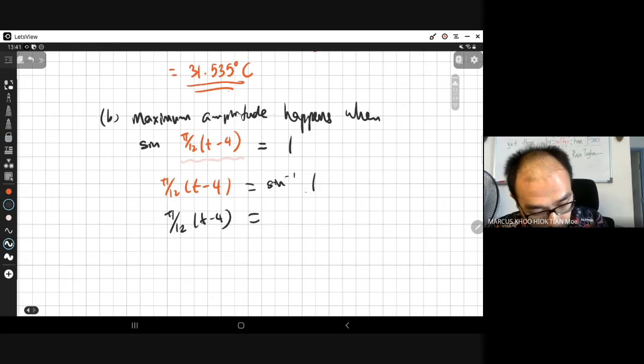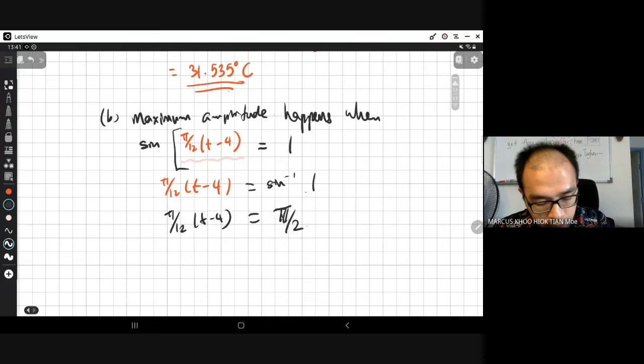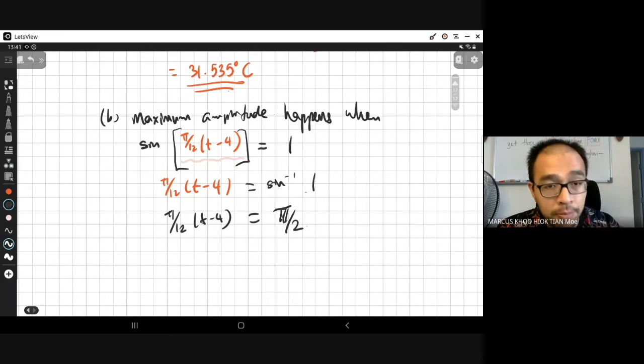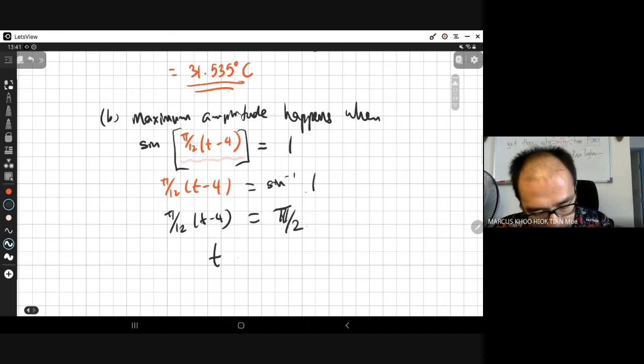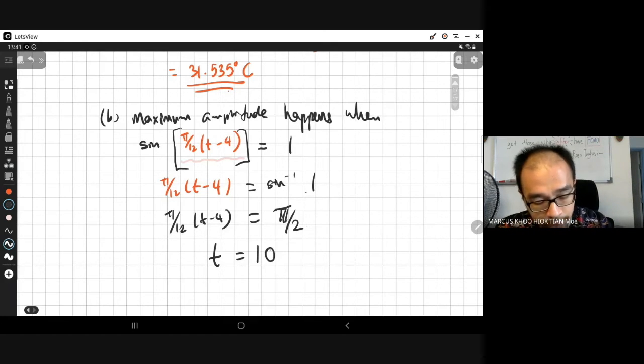So we use pi because the original angle over here uses pi also. So let that be a clue for you. Let's do a little bit of moving things around, and can I have the value of t, please? 10. Okay, t will be equal to 10.